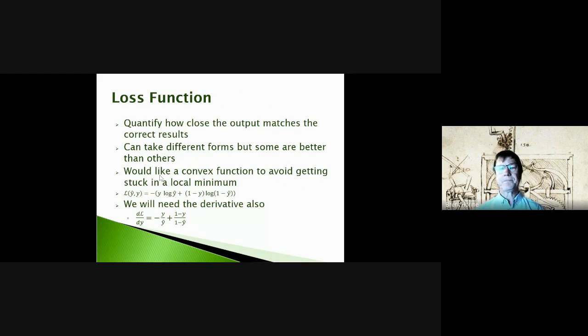Now we're going to introduce this loss function, which quantifies how close the output matches the correct results. There's a number of different forms of these, and some are better than others. We'd like what's called a convex function to avoid getting stuck in local minima, for that gradient descent optimization to work.